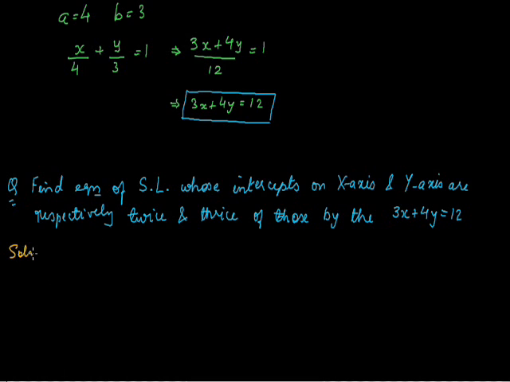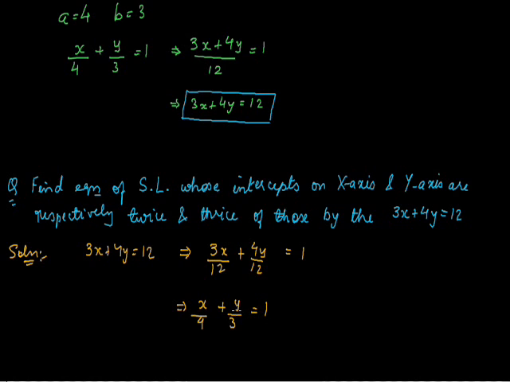Now the solution of the same. We are provided one line 3x + 4y = 12. In the intercept form, I can write this line by dividing 12 on both sides. I'll get 3x/12 + 4y/12 = 1, which means that x/4 + y/3 = 1.